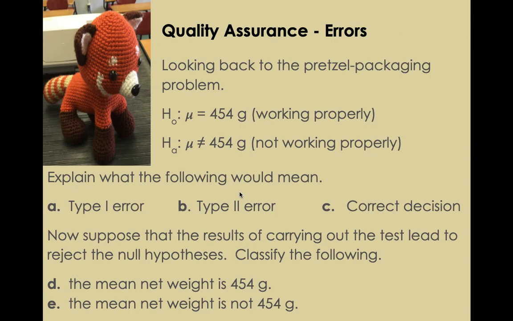So, looking at the pretzel packaging plant, if my mu was 454 grams, if that's my H sub 0, my H sub A is mu is not 454 grams. If I have a type 1 error, that means it is really 454.